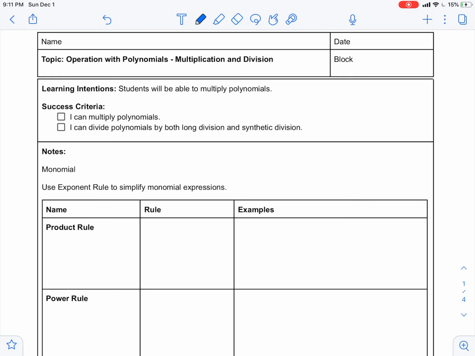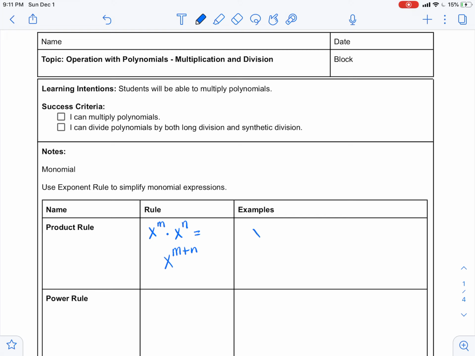Our first rule is going to be the product rule. Remember that the rule looks like this: if you have x to the m times x to the n power, then your answer is to add the powers and you get x to the m plus n.